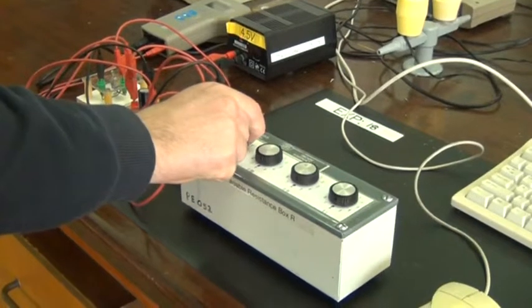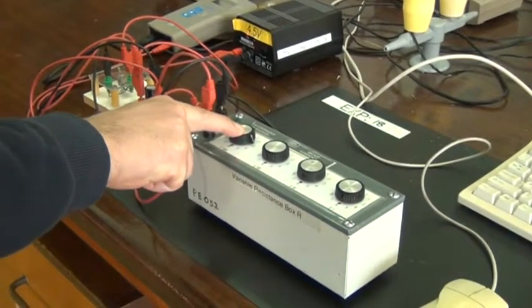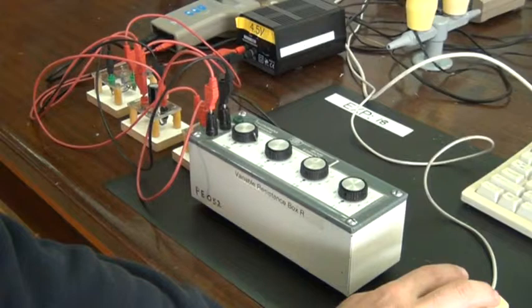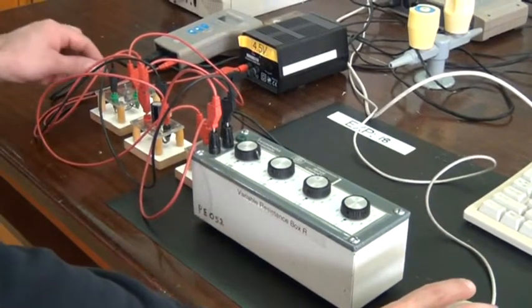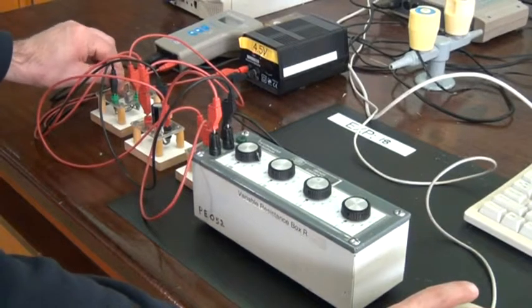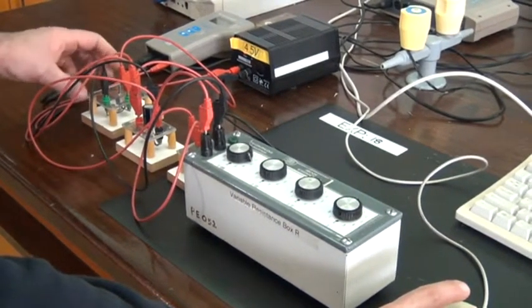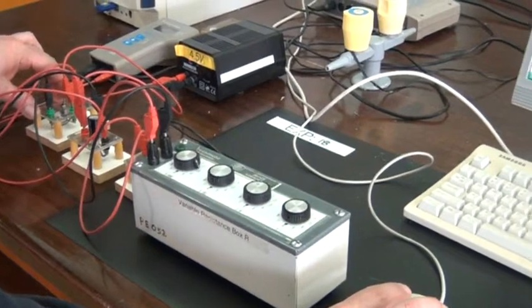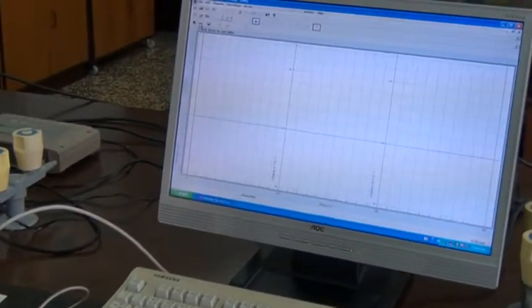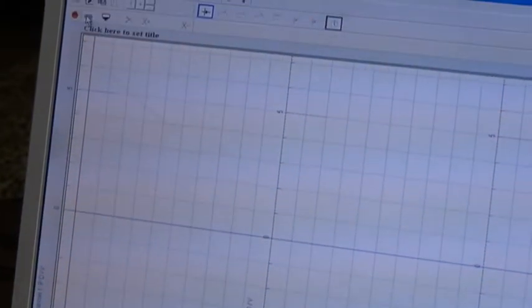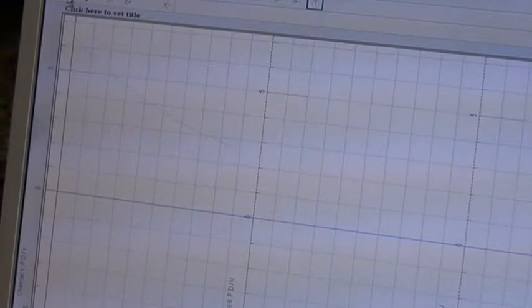We select another resistance from the resistance box, and we repeat the procedure by simultaneously flicking the switch to discharge, and at the same time we click on the record icon. And we observe the potential difference across the capacitor decreasing with time.